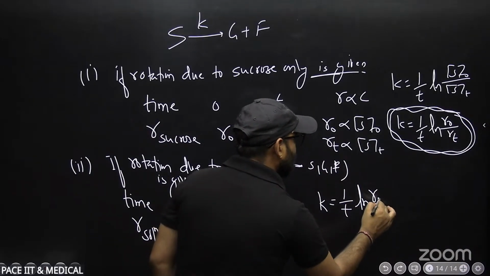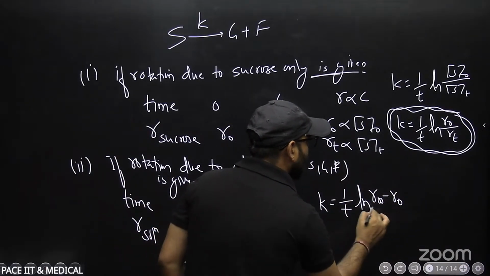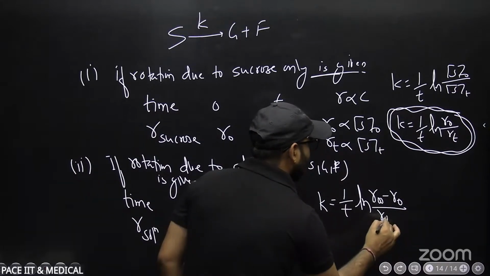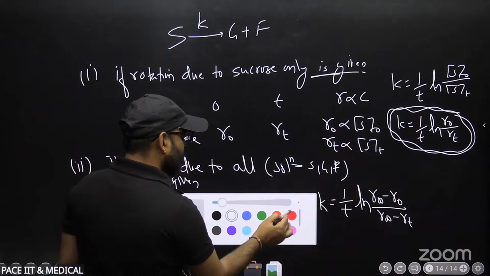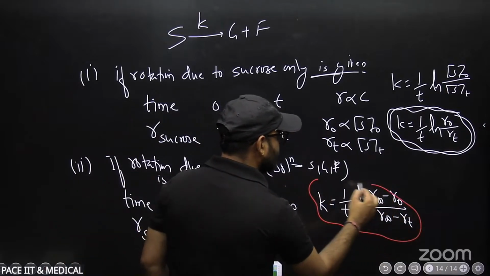R infinite minus R naught and R infinite minus RT. Just the same formula as hydrolysis of ester.